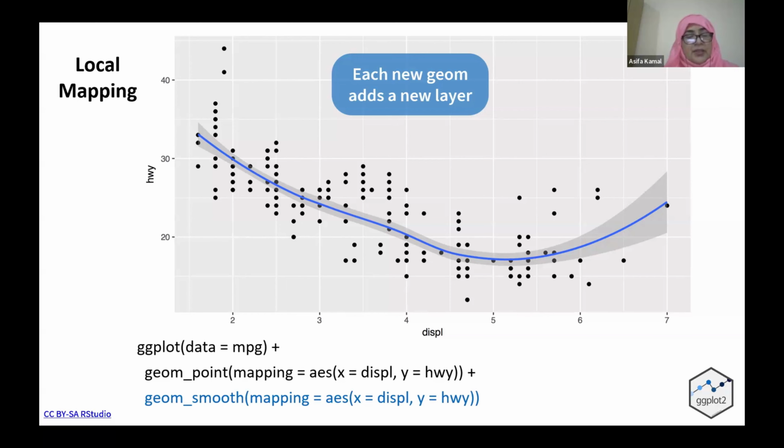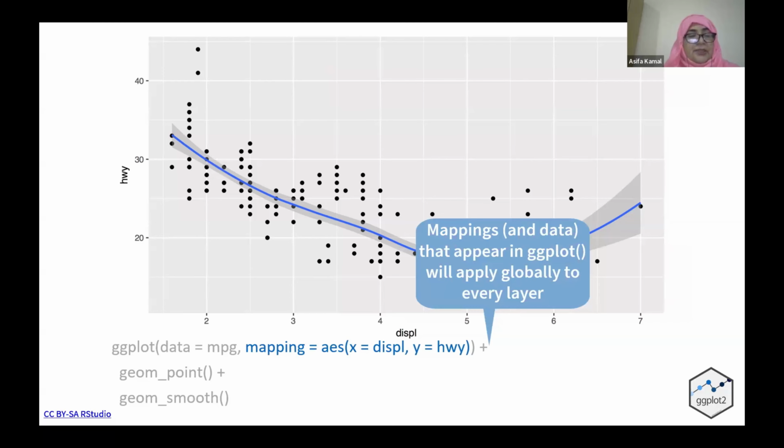But here we can observe that mapping has been done in the ggplot function. So this is called the global mapping. After that, we have added the layer geom_point and also added the layer geom_smooth, but we have not again added mappings inside these functions.